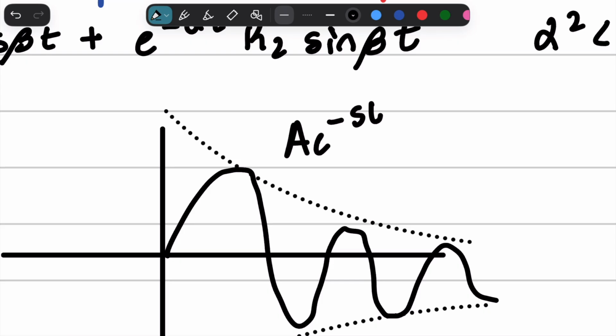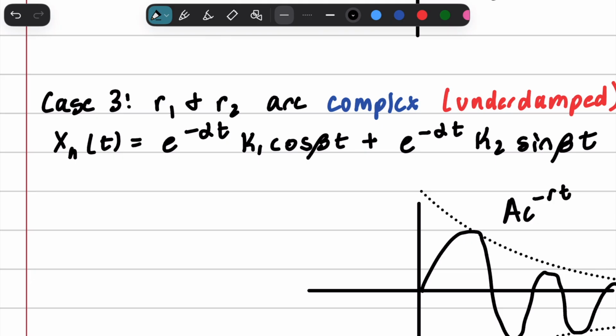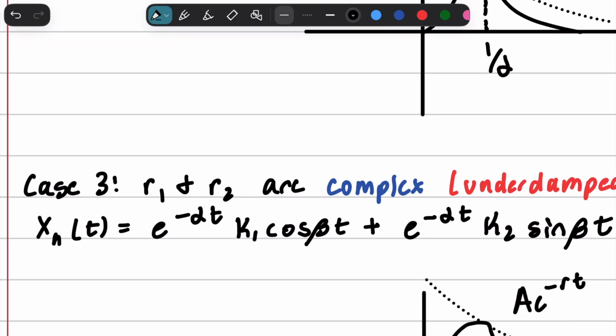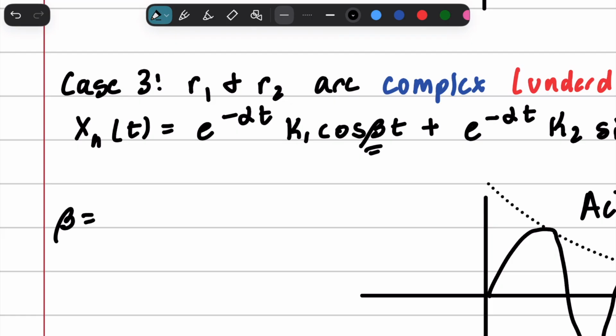Once again, we have an envelope of A e to the minus t over tau, or however you want to call it, technically should be R, because I'm using R. And we will get this form right here, e to the negative alpha t, where alpha is this alpha right here, times cosine beta t, and beta is equal to the square root of the natural omega squared minus alpha squared.